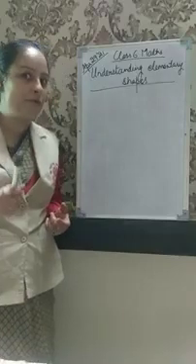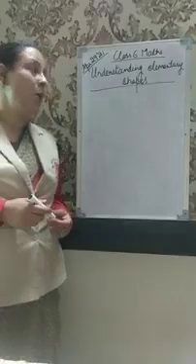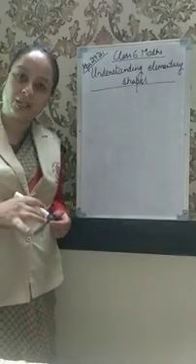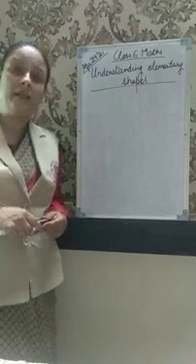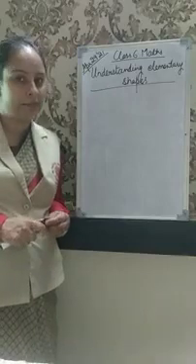I even gave you homework. I hope you have all done your homework well, okay? So we are already done with that chapter. We will now continue with revising the next chapter, that is Understanding Elementary Shapes.